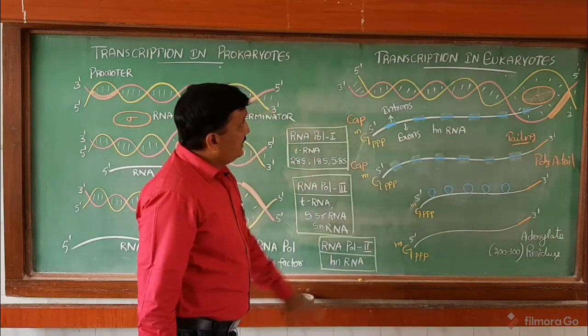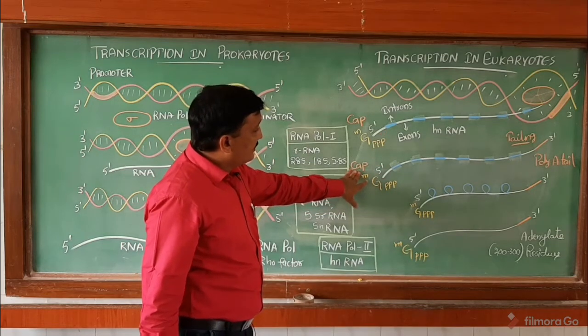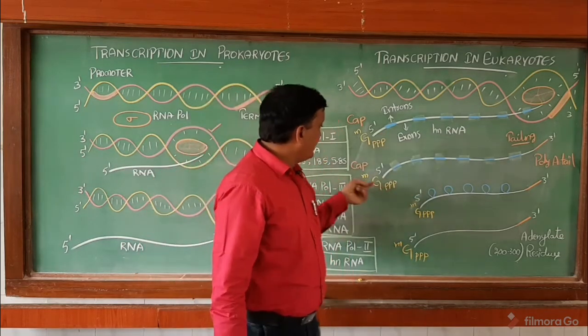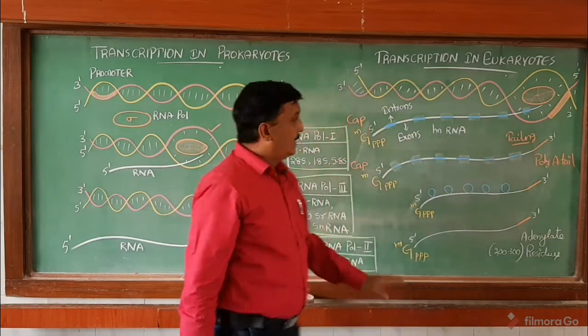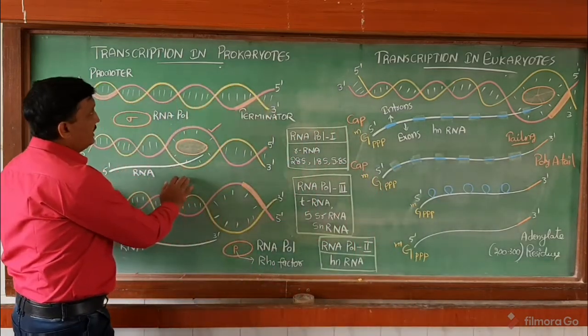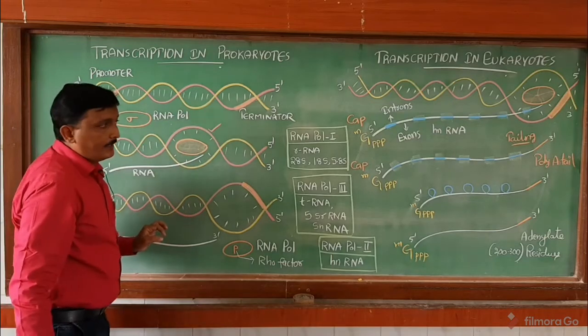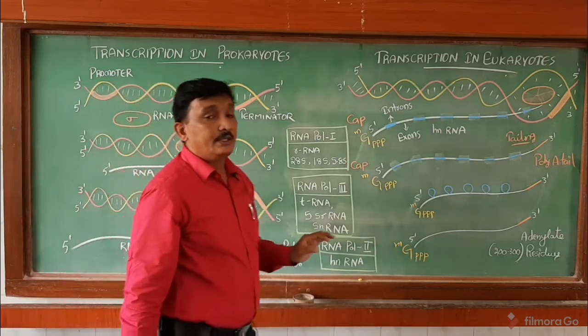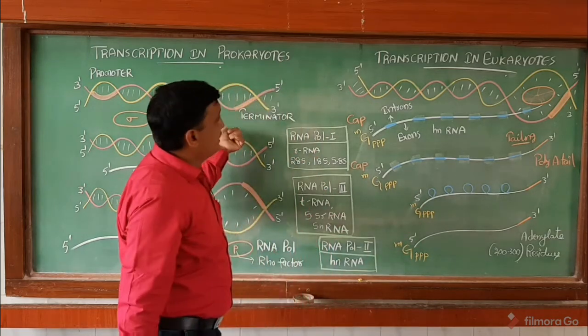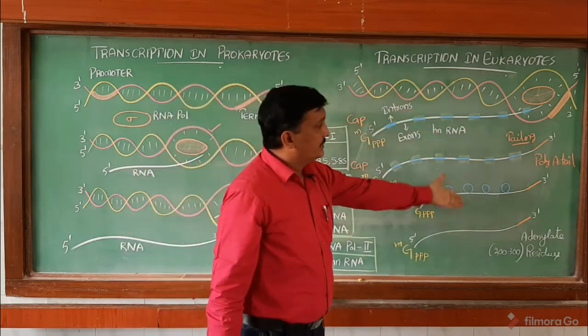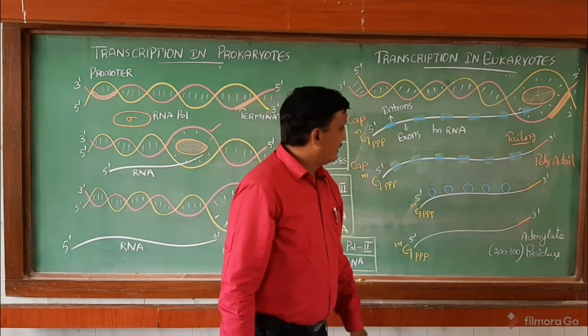And again, in eukaryotes there will be capping and tailing: capping at the 5' end and tailing at the 3' end. And there is no capping and tailing in prokaryotes, right? There is no processing, there is no splicing particularly. There is no splicing in prokaryotes, whereas in eukaryotes splicing is there, right?